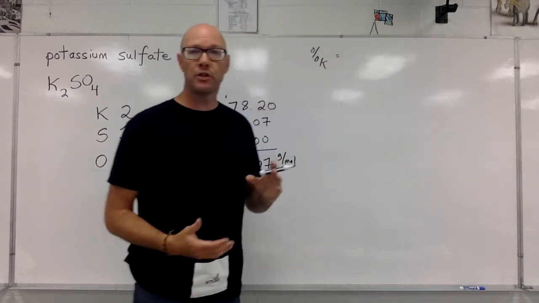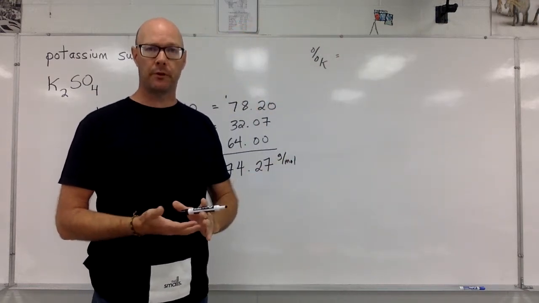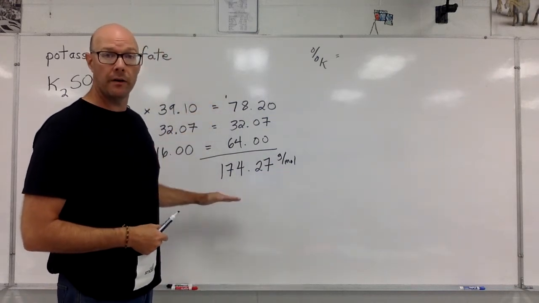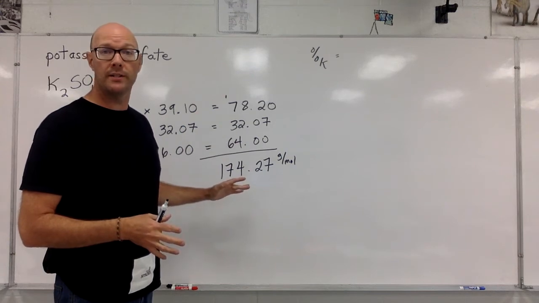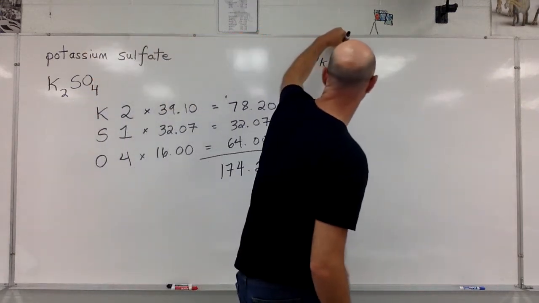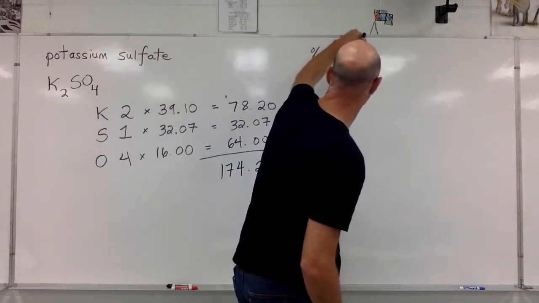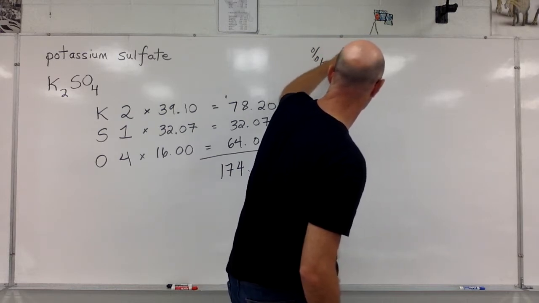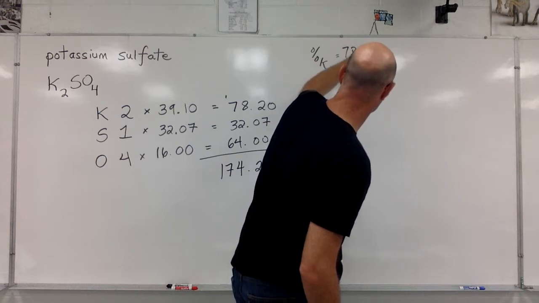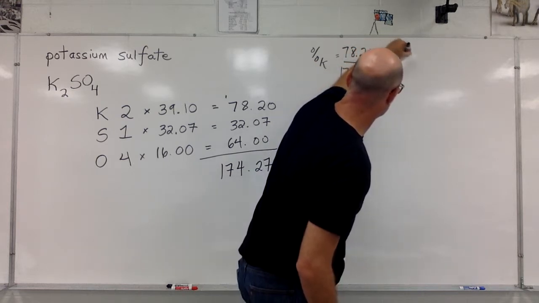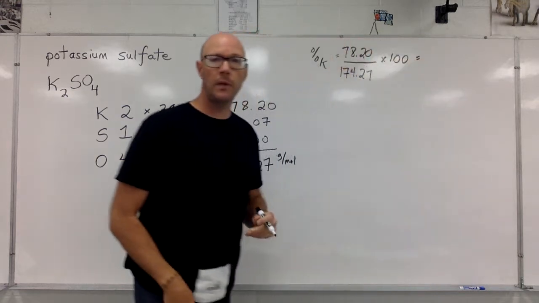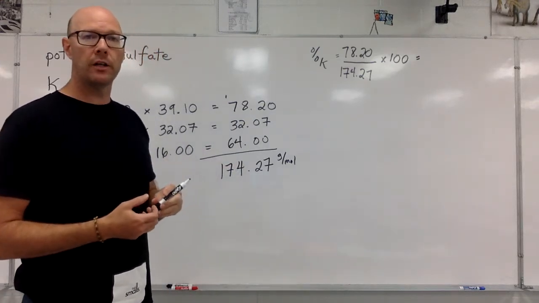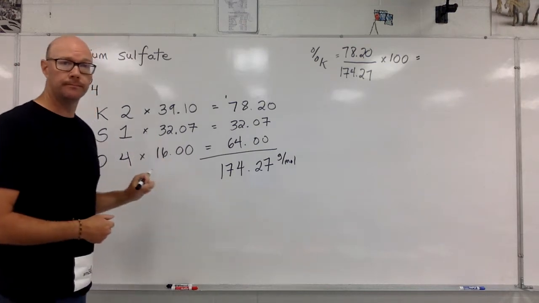I have the percent for the potassium first. Well, it was 78.20 out of 174.27. And I'm going to need to multiply that by 100. What about the calculation for the sulfur?